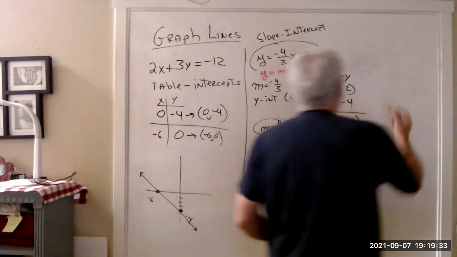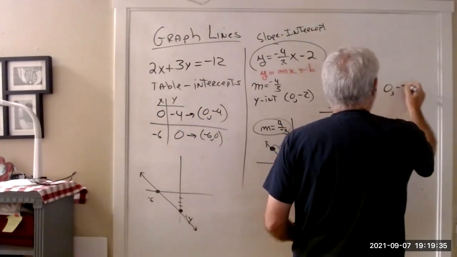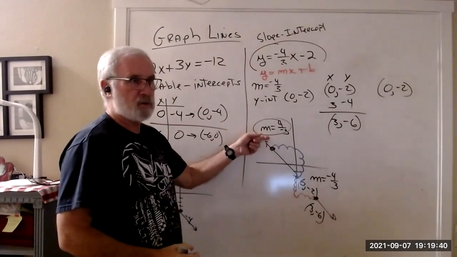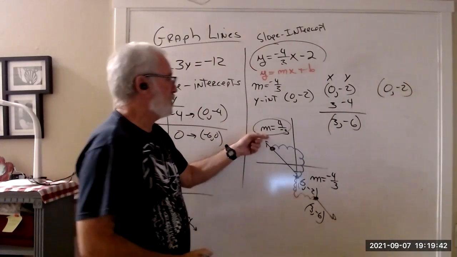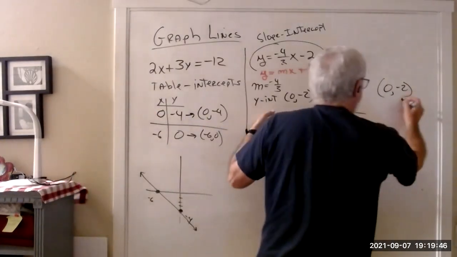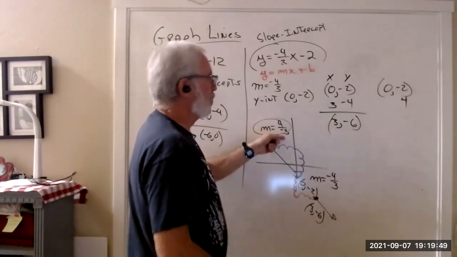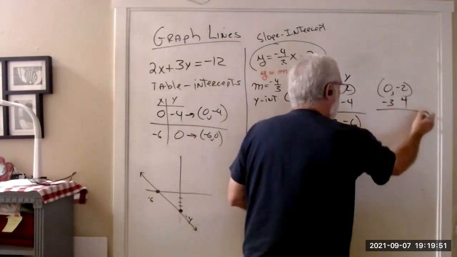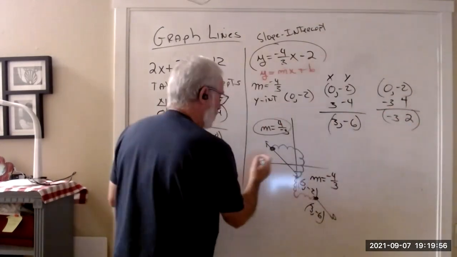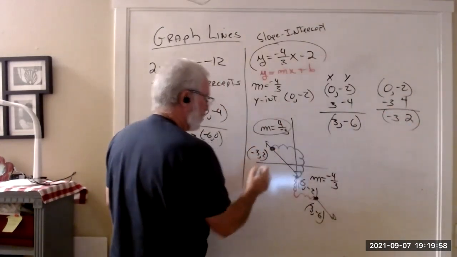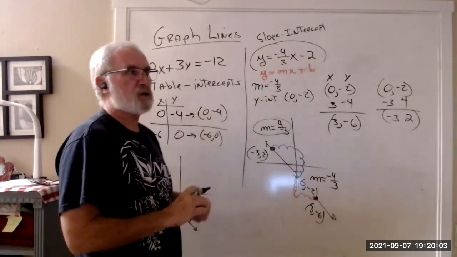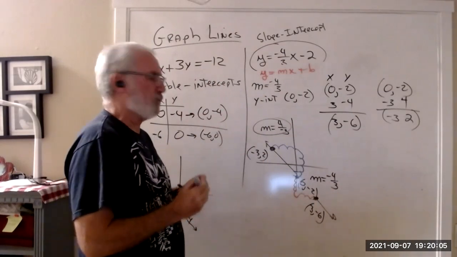Now, if we start at the same point, (0, -2), but use this slope, we rise 4 and run -3. So this point is (-3, 2). Again, it all depends on what mom asked you and what the graph looked like.